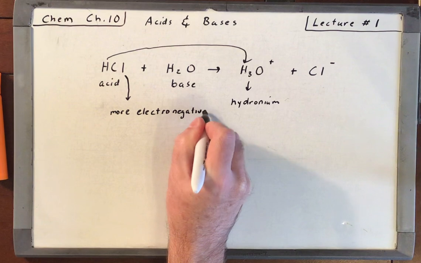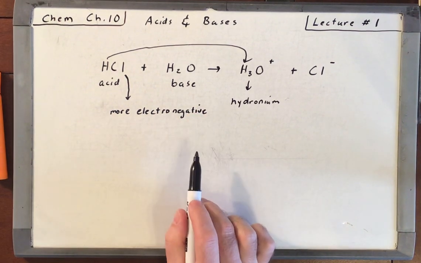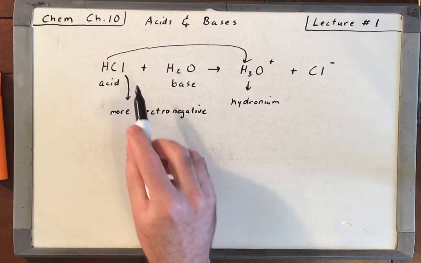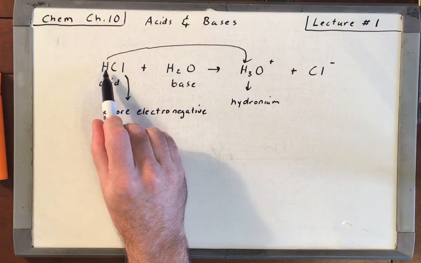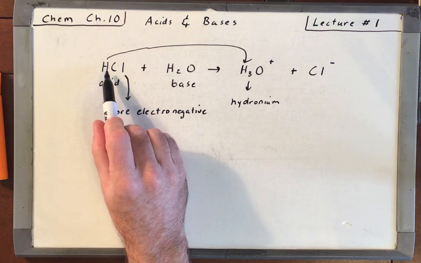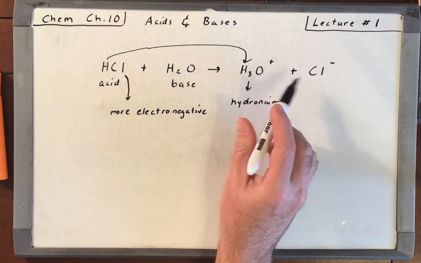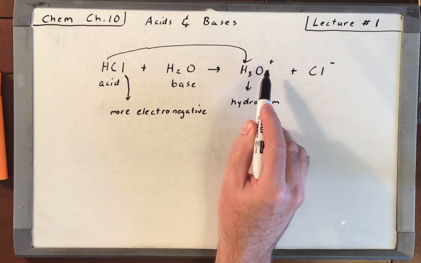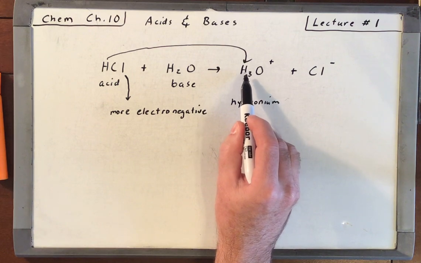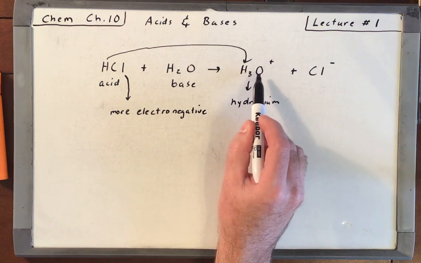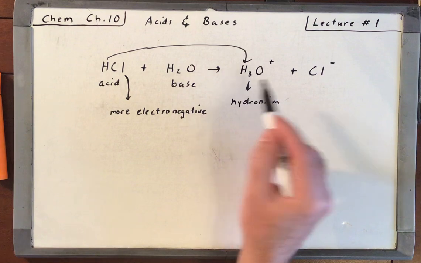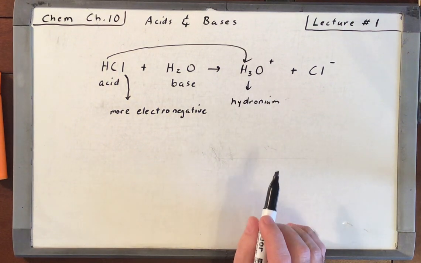You remember your periodic properties, electronegativity, the desire for electrons. So this hydrogen is not getting a very good share of the electrons. If it joins up with water and makes H3O plus, then the hydrogen can get a little better share of the electrons, which makes it more stable. That's why this reaction happens.